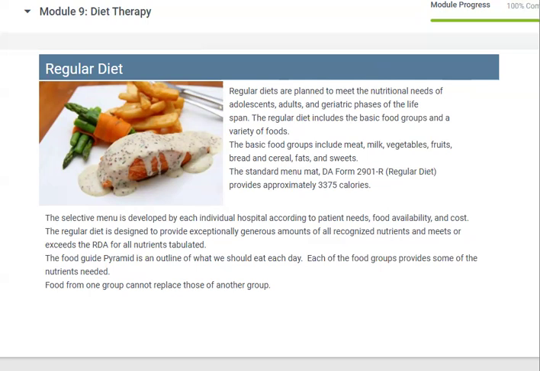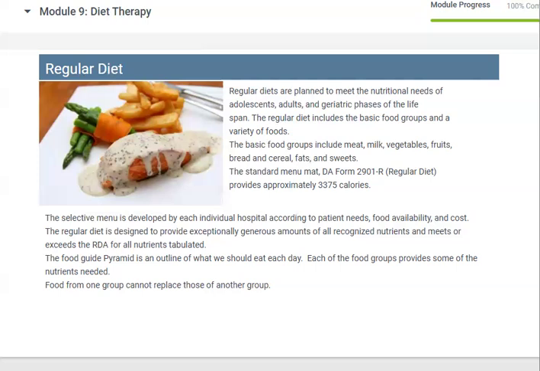The standard menu MAT, DA Form 2901, regular diet, provides approximately 3,375 calories. The selective menu is developed by each individual hospital according to patient needs, food availability, and cost.